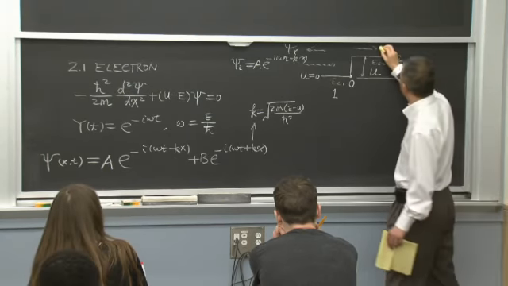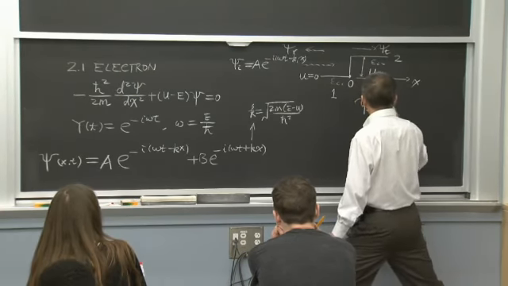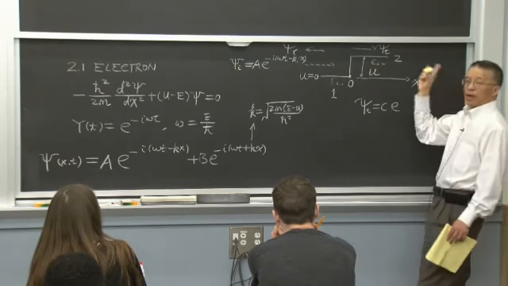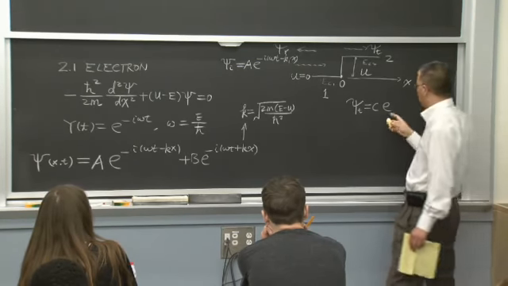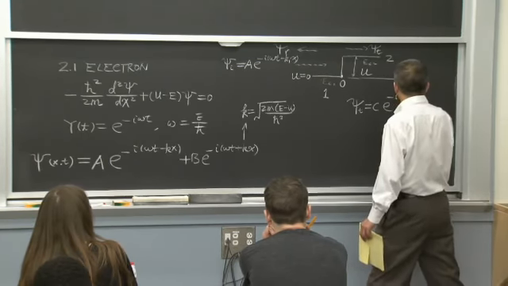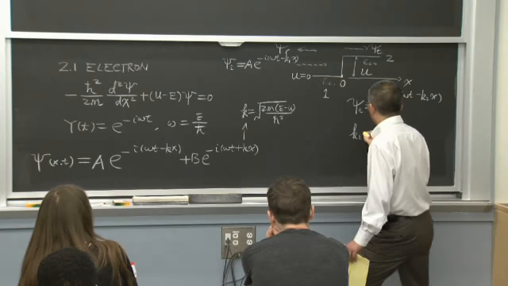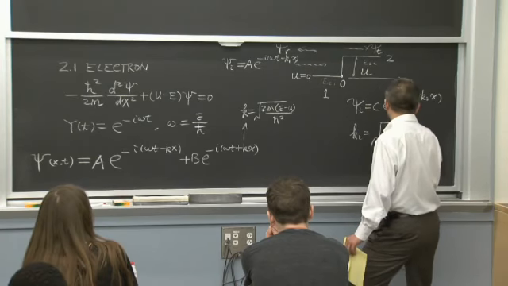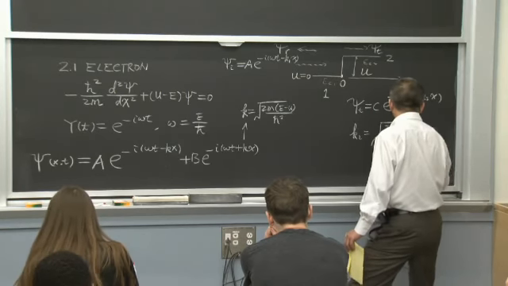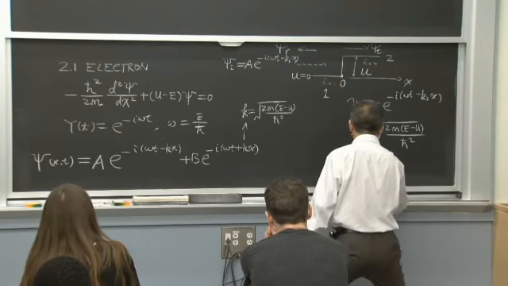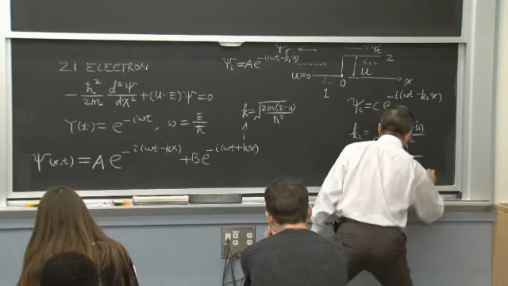My transmitted wave in region 2, if I write it down, is again an exponential propagating forward in the positive x direction, right? So it's e^{i(ωt − k2x)}, not k1x. And this k2 is √(2m(E − U)/ħ²). And k1, with U equal to 0, is √(2mE/ħ²), where E is the energy of the electron.